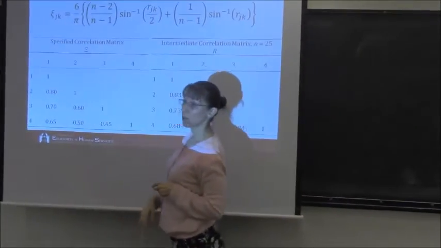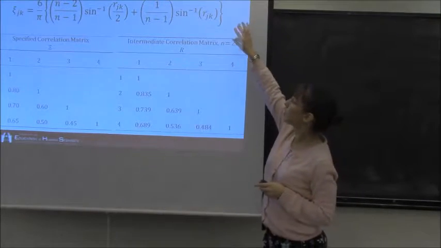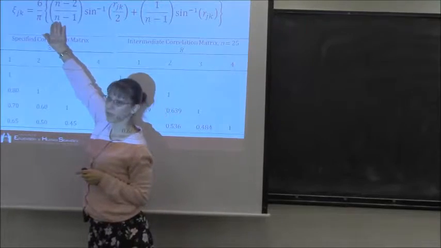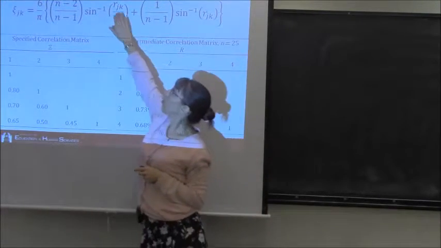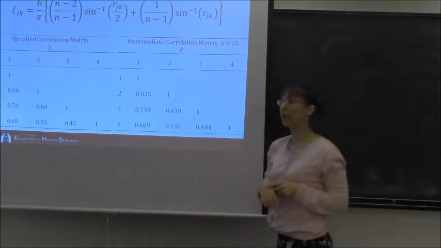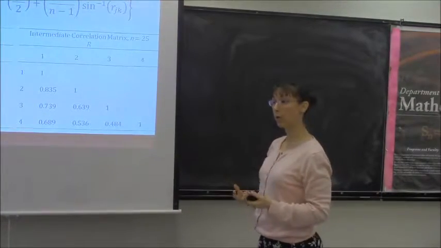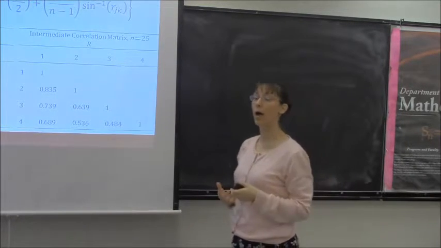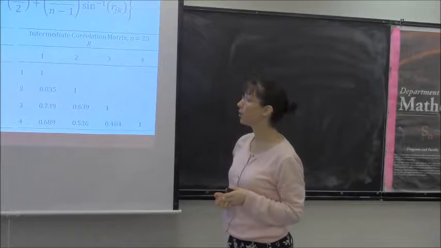C sub jk is our specified Spearman correlation, and you can see here that it arises from the sample size, n, so how big of a sample do we want to simulate, as well as the intermediate correlation, r sub jk. Again, we can plug in our desired sample size, plug in our specified Spearman correlation, and solve for the intermediate correlation that we need.